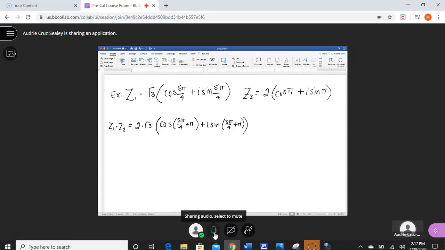Correct. And so then this becomes 2 the square root of 3 cosine of 9 pi over 4 plus i sine of 9 pi over 4.